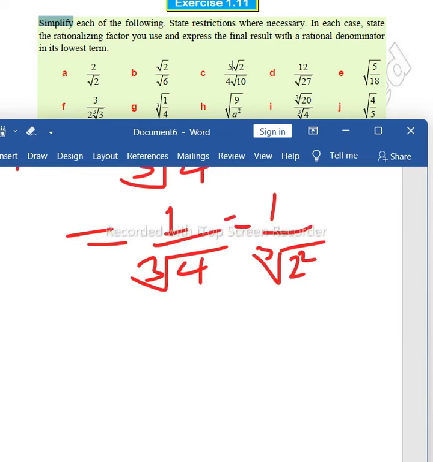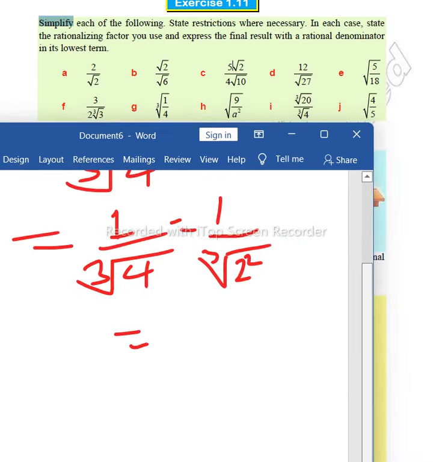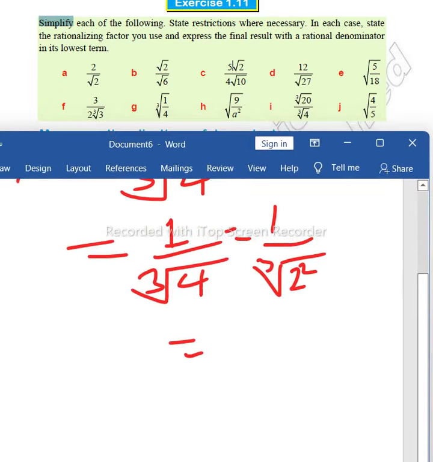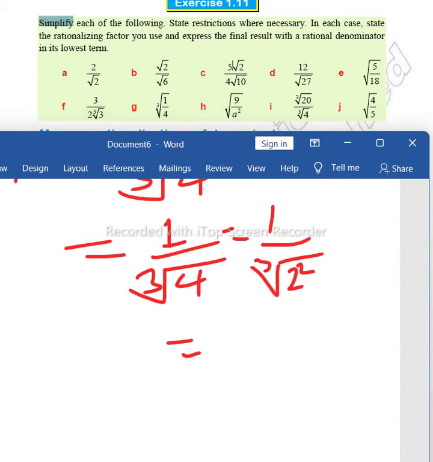To rationalize this, we have to multiply by the cube root of 2, to make it 8. The cube root of 8 is a perfect cube.